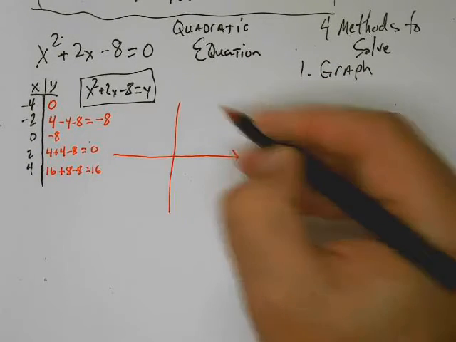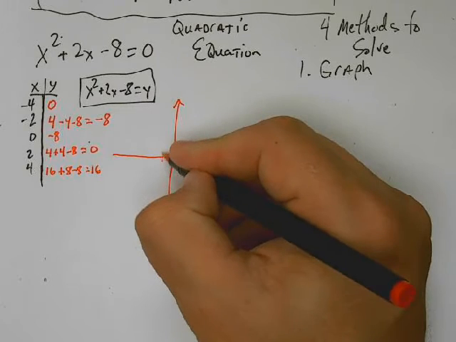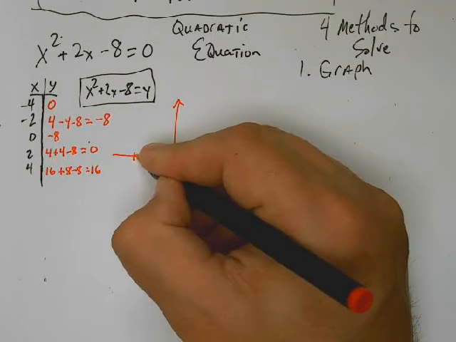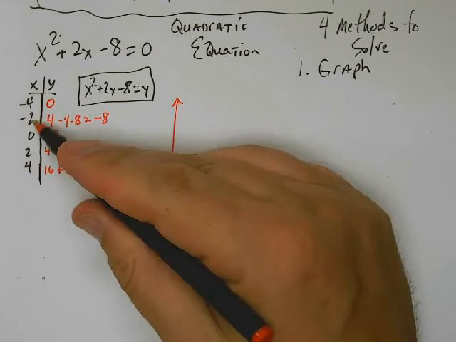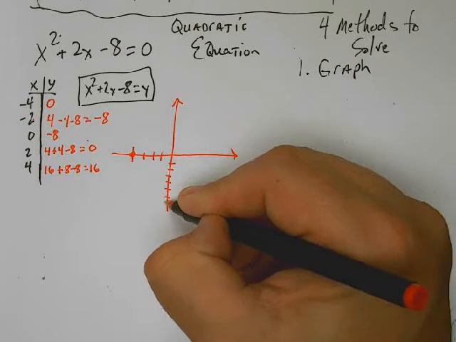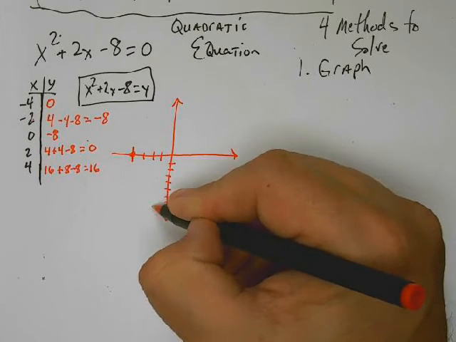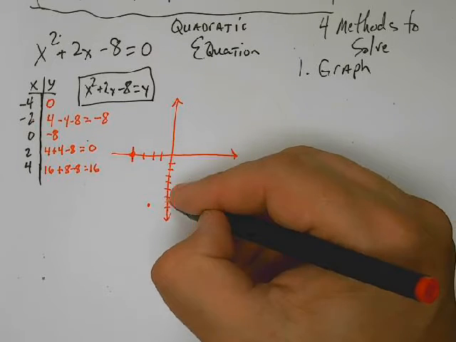rough graph here. I'm not using graph paper. I'm just going to graph this the best we can. -4, 0, 1, 2, 3, 4. That point's on the graph. Now we go to -2, -8. Then 0, -8.